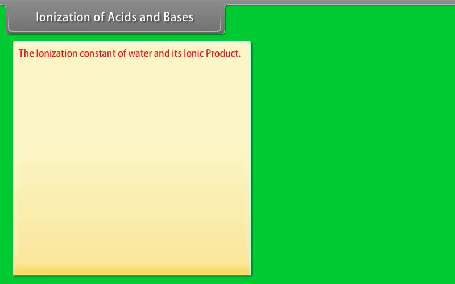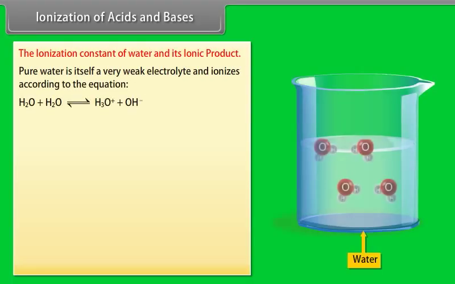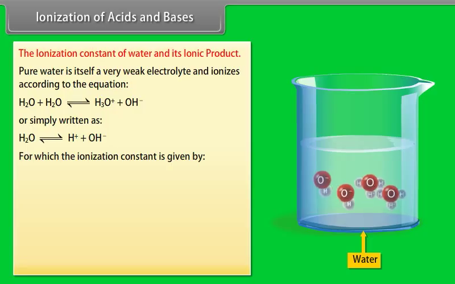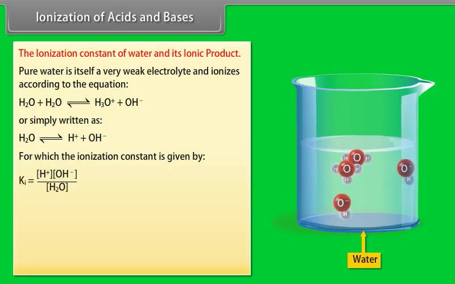Ionization of acids and bases. The ionization constant of water and its ionic product. Pure water itself is a very weak electrolyte and ionizes according to the equation, or simply written as, for which the ionization constant is given by Ki is equal to concentration of H+ times concentration of OH- divided by concentration of H2O.